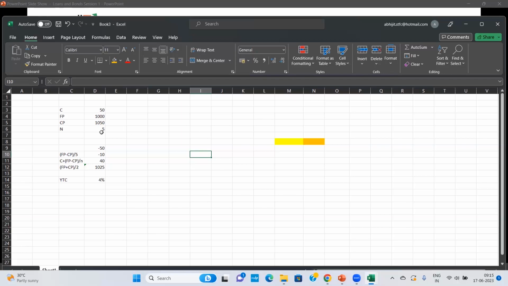Did anyone consider N as 10? Has anybody considered N as 10? If you consider N as 10, then you will get a wrong result because it is callable. N is callable, so you can call it after 5 years.